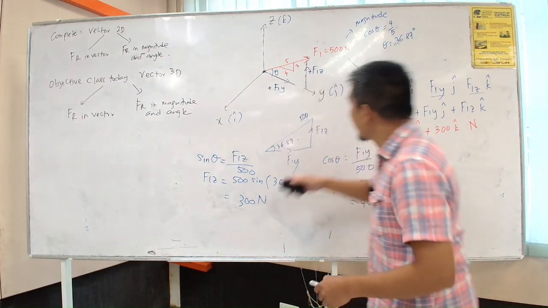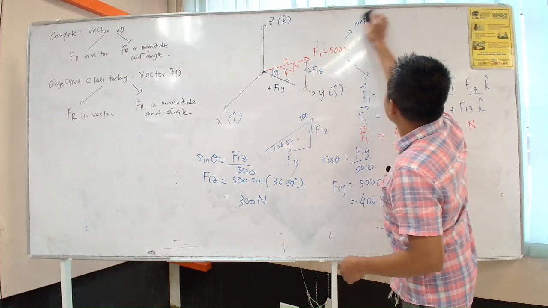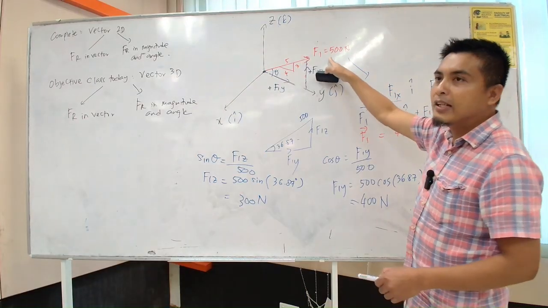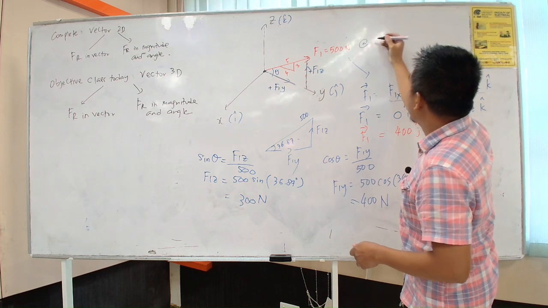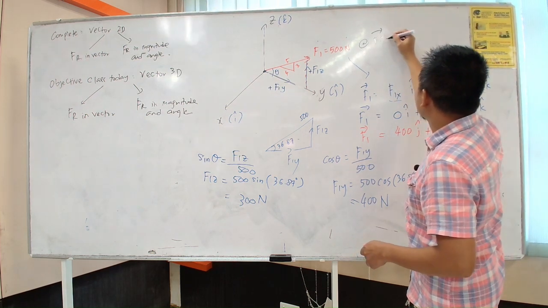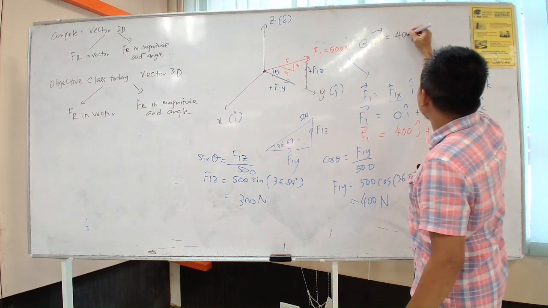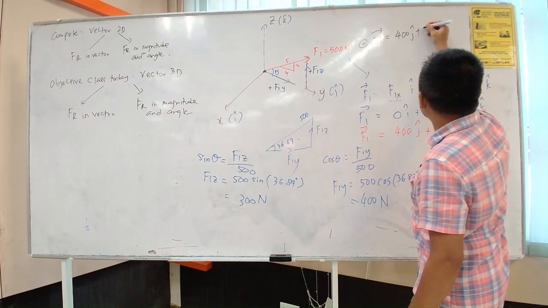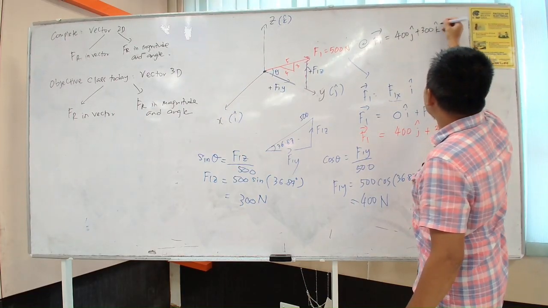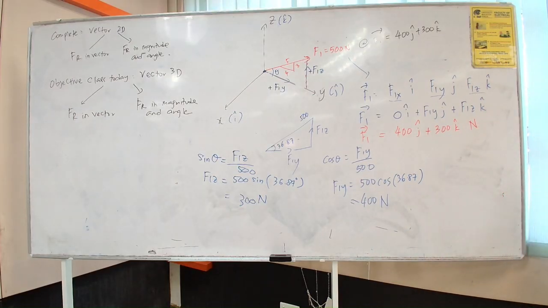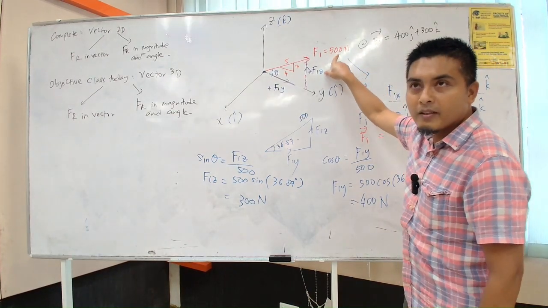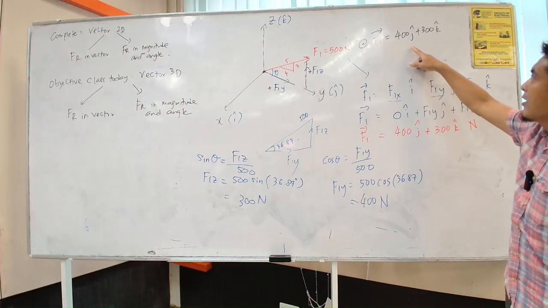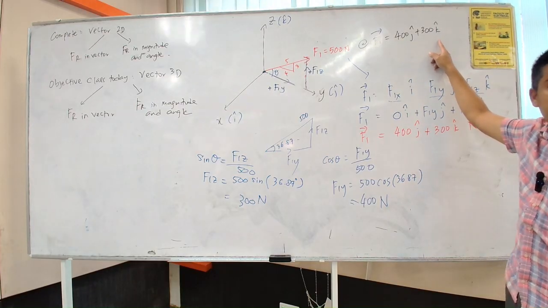In conclusion, the F1 here is 500 Newton, or in vector form, F1 also equals 400 J plus 300 K. So it means that you can write F1 in two ways, either in magnitude and angle, or in the vector form. Okay.